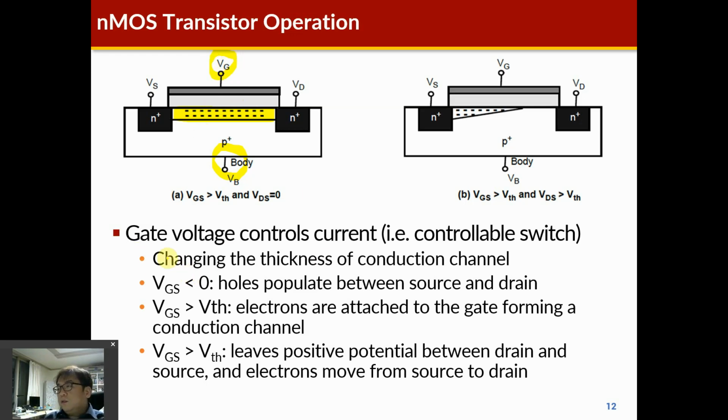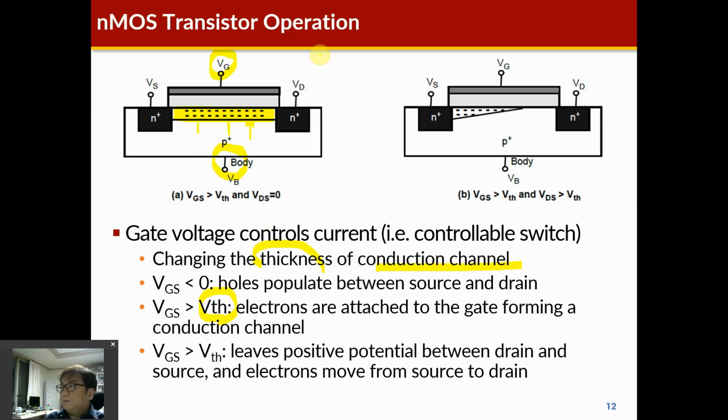Actually this gate voltage changes the thickness of this conduction channel. It's a channel for electrons or holes, and if this gate voltage is higher than the threshold voltage VTH, then the channel is formed below the gate of the MOS transistor, and the electrons are attracted to the gate of the MOS transistor.